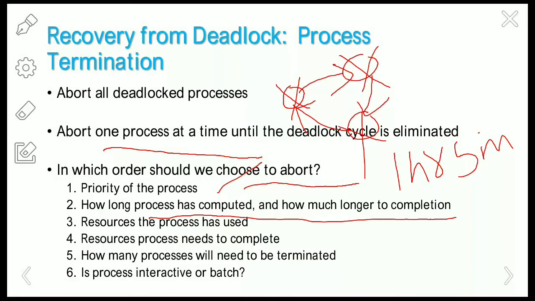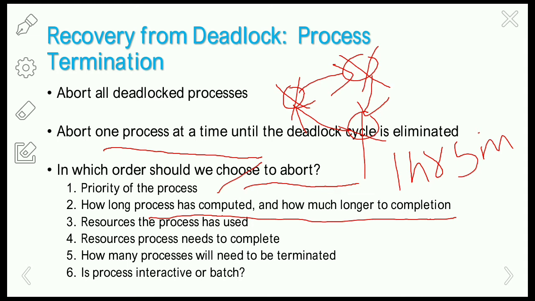If we abort that process which has executed for 1 hour, then it will be a waste, right? There will be CPU wastage, the CPU time will be wasted. If it executes for 5 more minutes, then the process will be successfully executed, right? So like that we take into account how long the process has completed and how much longer it will take to complete.